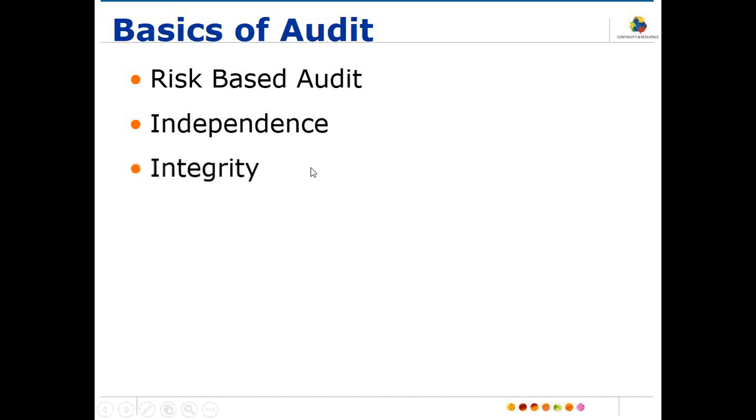Next basic of audit is integrity. Integrity is not a simple concept to define. Many overlapping and distinct definitions are being used. The term integrity is derived from the Latin word intangere, meaning untouched. So now we understand what integrity means. It refers to the virtue, the incorruptibility, and the state of being unimpaired.